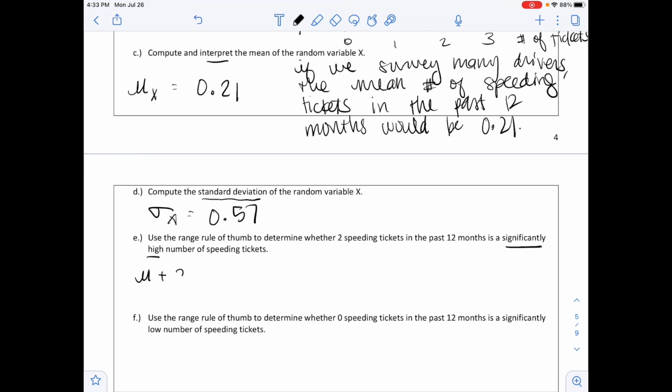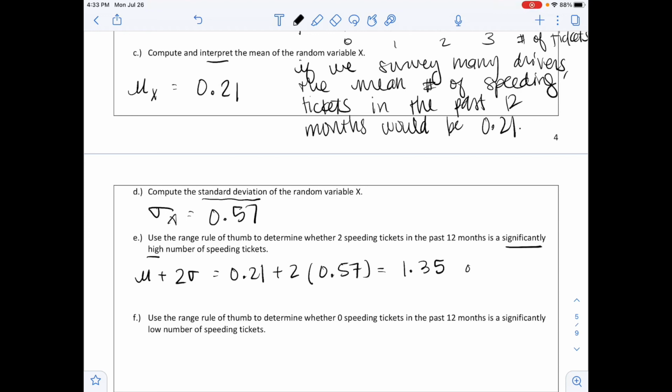Significantly high means that we're going to be using mu plus 2 sigma. And we do have the mean, which is 0.21, plus 2 times our standard deviation, which is 0.57. And so working this out on our calculator, we get 1.35. And again, this is for significantly high values.